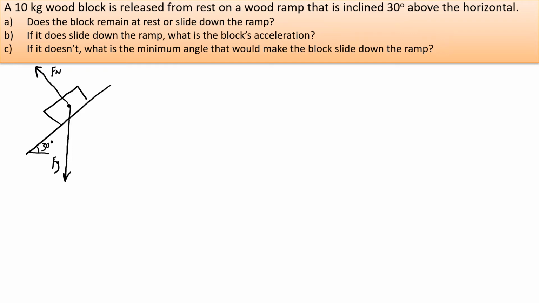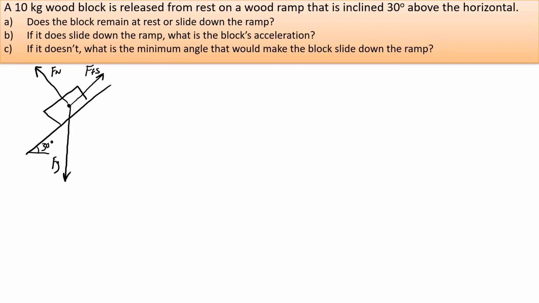Yes, there's friction. Now, what direction is the friction going? We know it's parallel to the surface, all right? The frictional force always resists the motion of where this thing wants to go. And you might already know in your head, this block wants to go down the ramp, so friction will act against that motion. So we'll call that F. And is this static or kinetic? Well, it starts at rest.